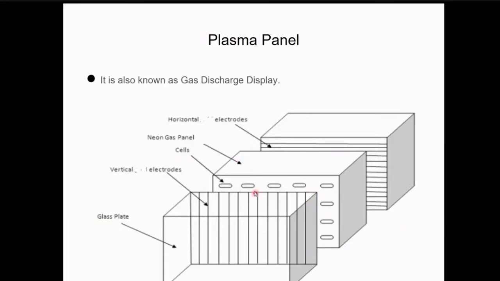So this grid would illuminate that particular pixel in that particular position, and the neon gas panel will simply illuminate that pixel, and that thing will be displayed on this front glass panel, which will be visible to the user. See, the information will be visible over here, not here, over here. So the thing that gets illuminated will be displayed over here.